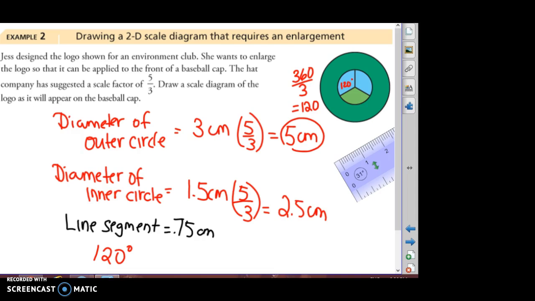And 0.75 times 5/3 is equal to 1.25 centimeters. Now we don't change the scale of our degrees because the scale of our degrees always stays the same. So the degrees for this picture would still be 120.